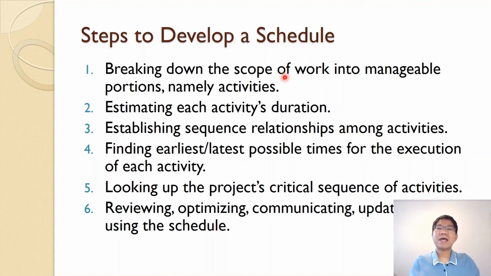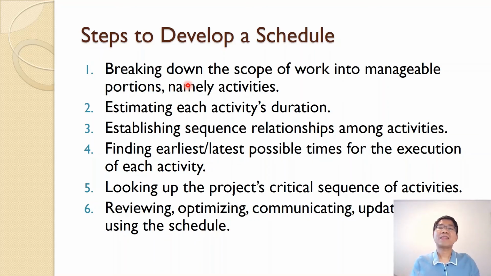And then the next step to develop the schedule is to estimate each activity duration. In the first step, you find the list of activities. Now we estimate the duration for each activity. And then when you have the duration and the list of activities, we need to determine the sequence, the relationship among those activities. Not all activities work linearly, so we need to find out the relationship.